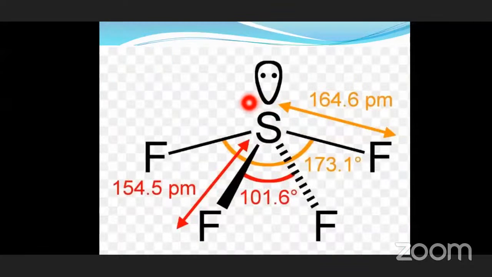Now we discuss sulfur tetrafluoride. Here in sulfur tetrafluoride, sulfur is acting as the central atom. Around the central atom, how many fluorines are there? 1, 2, 3, 4. Four fluorines are bonded to the central sulfur atom.